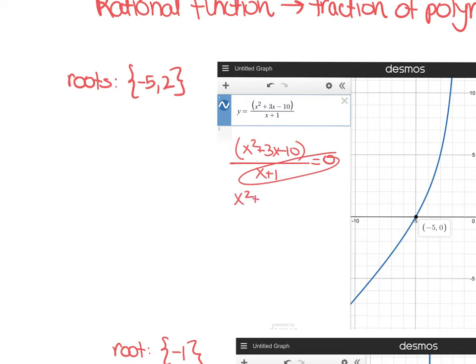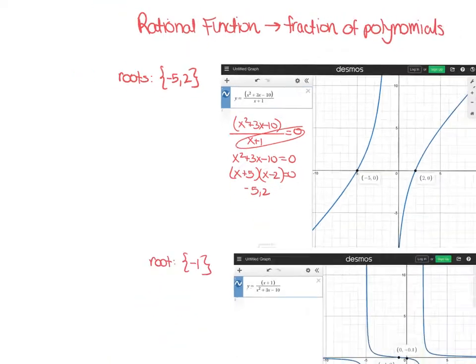And you would get x squared plus 3x minus 10 equals 0. And we would continue to solve. We have a quadratic. And our two factors of -10 that add up to +3 are 5 and -2. And when we solve those, we get -5 and 2. So notice how we got our roots by setting that equal to 0.